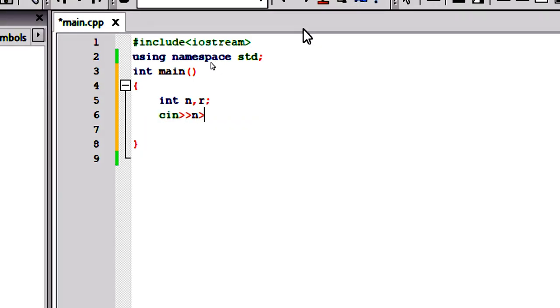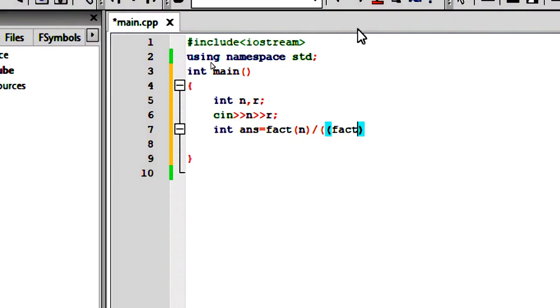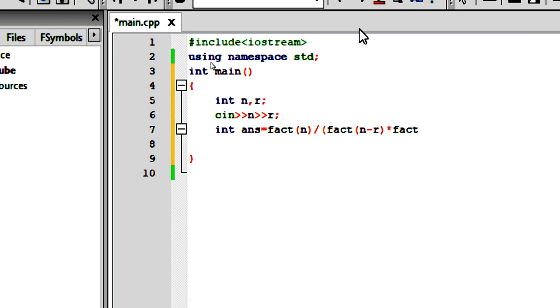Then the answer is equal to fact of n divided by fact of (n minus r) into fact of r.